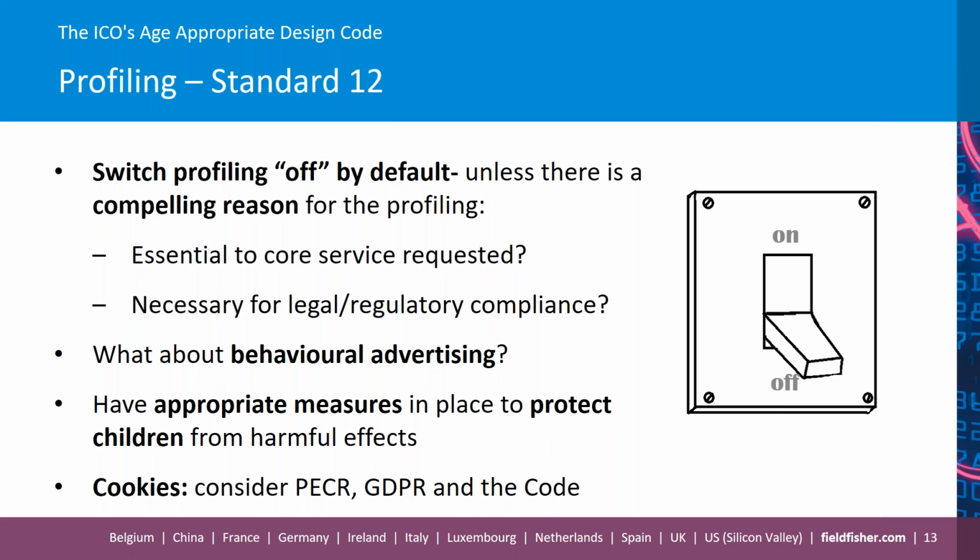A difficulty is that under Article 8 GDPR and the UK Data Protection Act, as Leonie has mentioned earlier, where consent is the legal basis relied on for an online service, parental consent should be obtained for any individuals under the age of 13 in the UK.